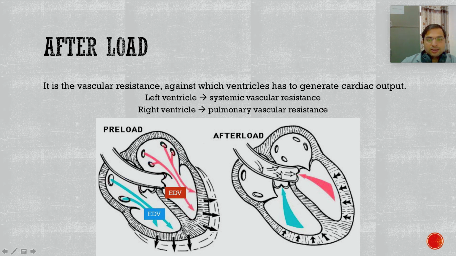Only when this resistance is overcome can the blood be pushed, or the resistance offered by the arc of aorta should be less, and the force generated by the ventricle should be more. So that resistance by the aorta and by the pulmonary artery is systemic vascular resistance and pulmonary vascular resistance. So this is afterload, right?